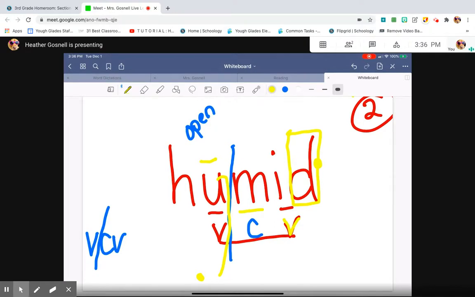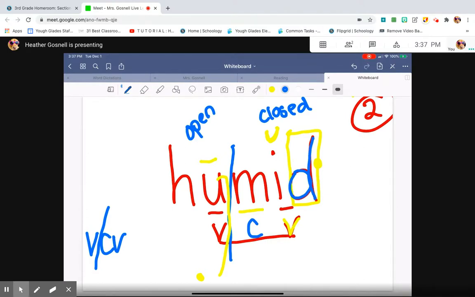You're not falling off the hill today. That makes that I short because that, my friends, is a closed syllable. It's closed. Good thing this vowel here has a consonant to protect it. Shuts the door on it.